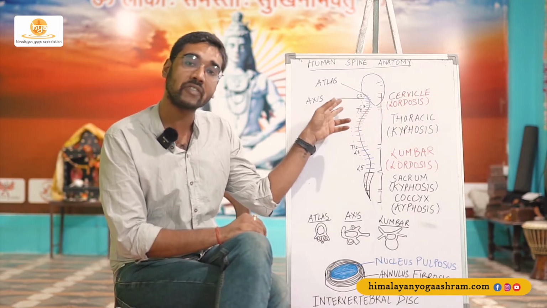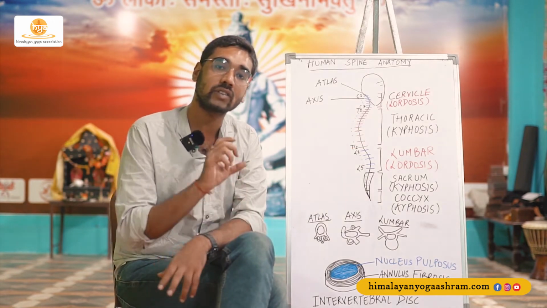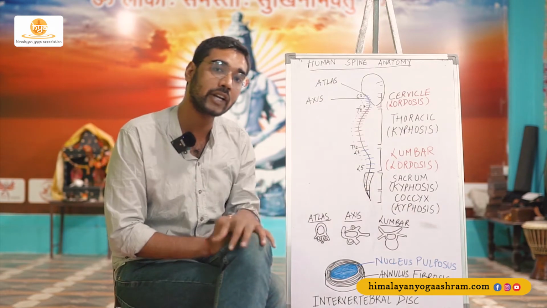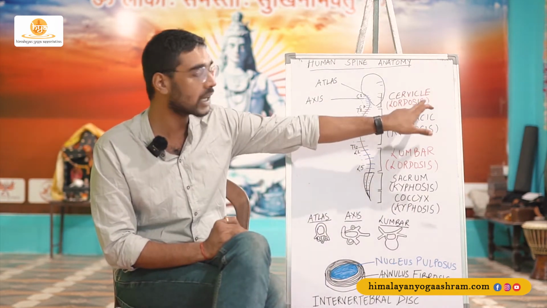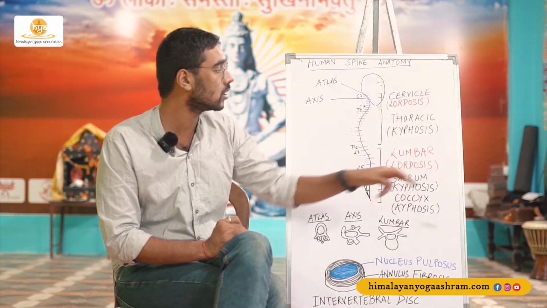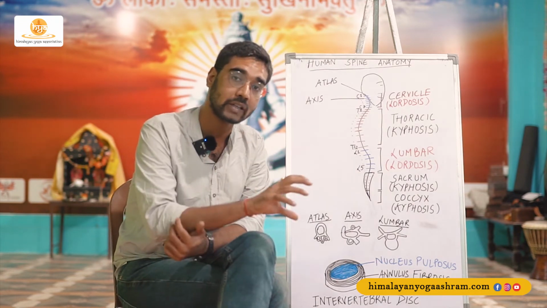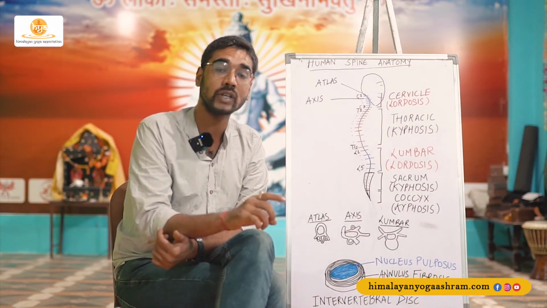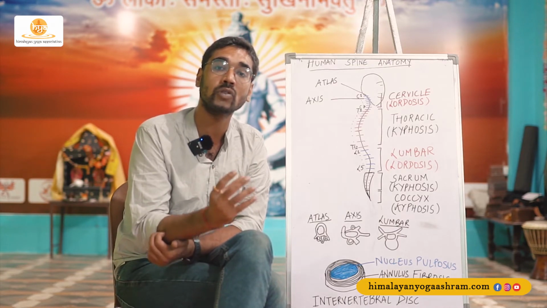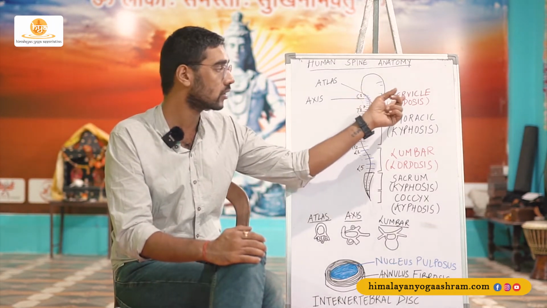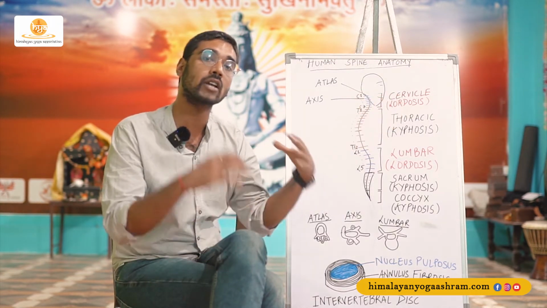There are 7 different vertebrae in the cervical part of the spine. The vertebrae can be divided into 3 different portions: cervical, thoracic, and lumbar, the ones which function individually but together as well. In other words, the bones of the spine which are not fused together are 24 in number. 7 are in the cervical vertebrae, which has a lordosis curve.